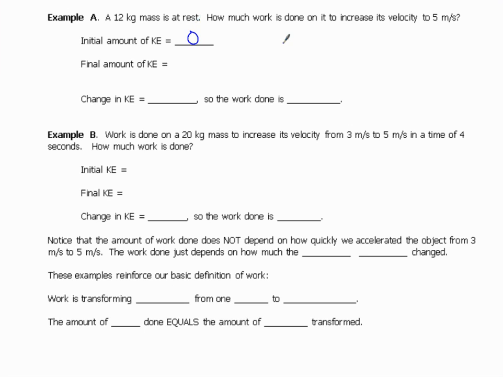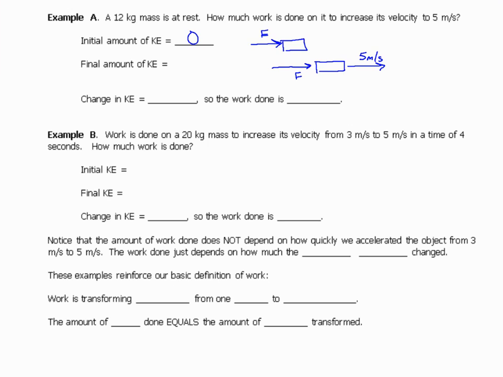So here's basically what's going to happen. Here is the object. We are going to exert a force on the object, and we are going to continue to exert this force on the object. The object is accelerating to 5 meters per second.